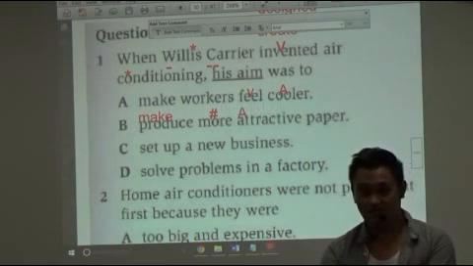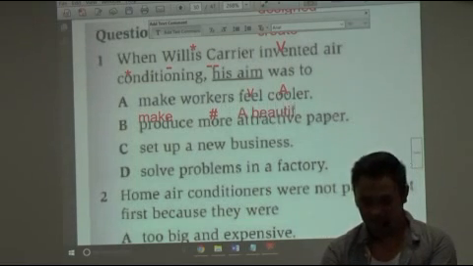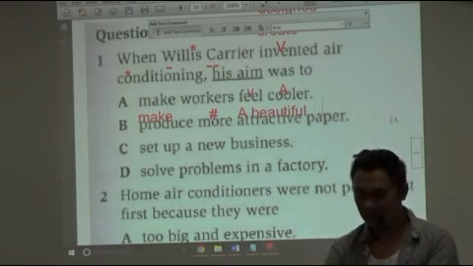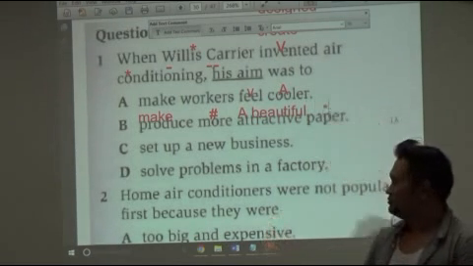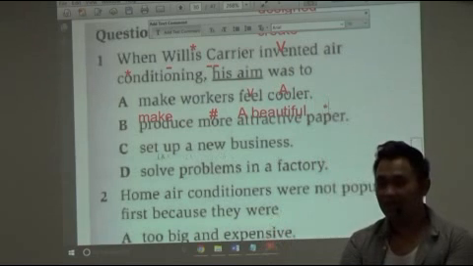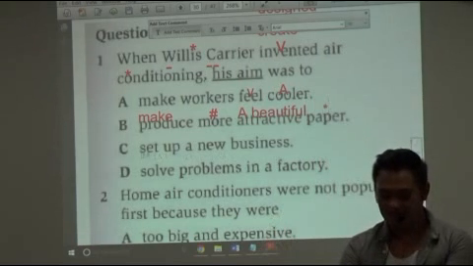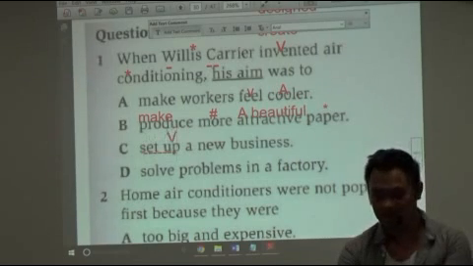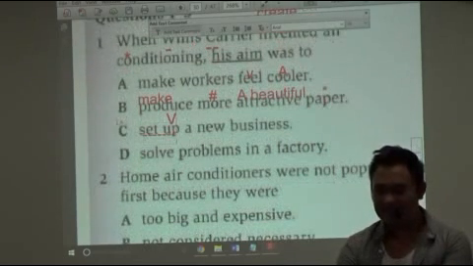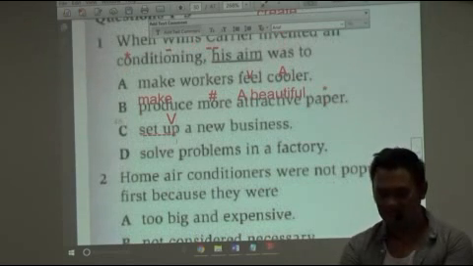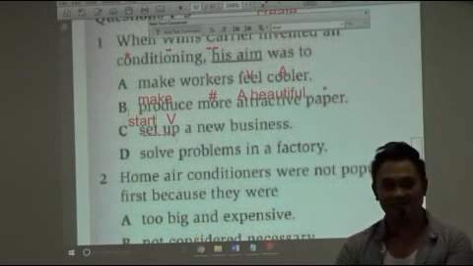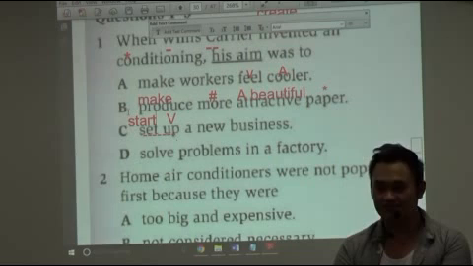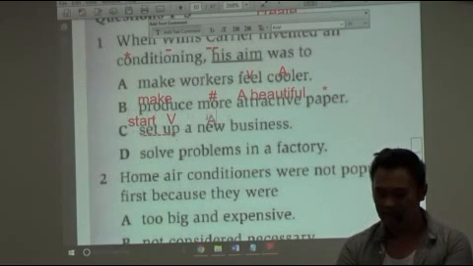Attractive means beautiful, isn't it? Paper is your noun. C, set up a new business. So, it's one word, to set up. It's our verb, 동사. When we say set up, what do you think that means? It is to start a new business. New is adjective.